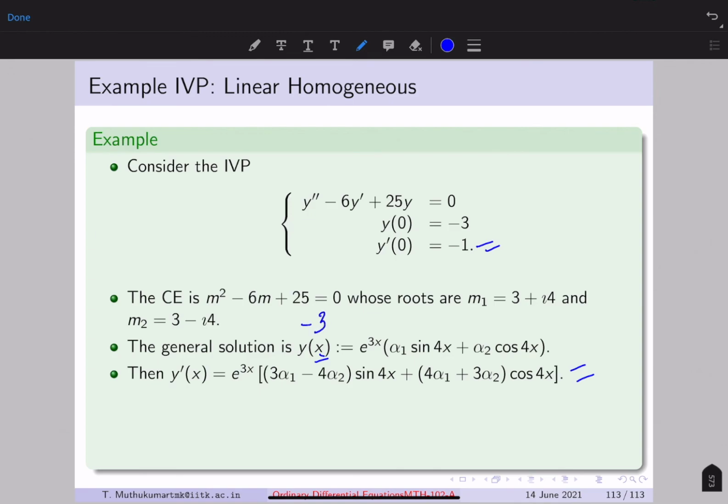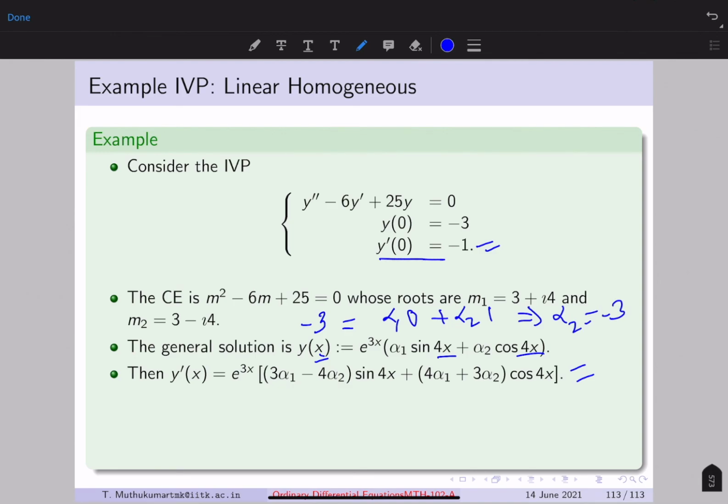So minus 3 is equal to, put 0 everywhere you have x: e power 0 is 1, then alpha 1 times sine 0, which is 0, plus alpha 2 cos 0, which is 1. So in this case, you get alpha 2 is minus 3.